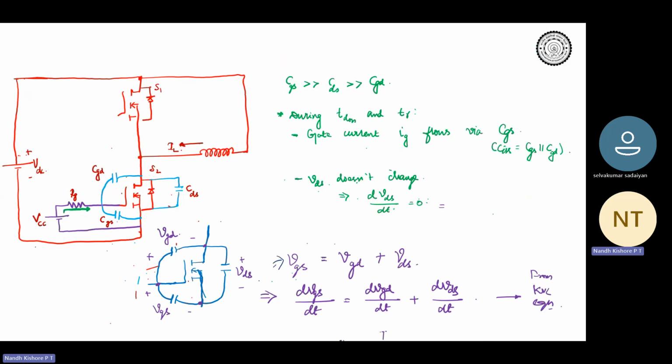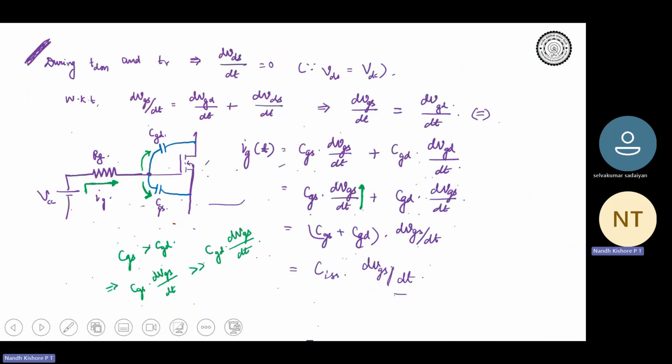During the current rise period and the turn on delay time, the VDS does not change. It remains at VDC. That is why we say that dVDS by dt is almost equal to 0. So dVGS by dt is the same as dVGD by dt. The gate current gets split into CGS and CGD, and predominantly it will flow through CGS only.